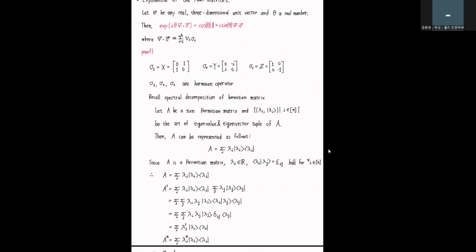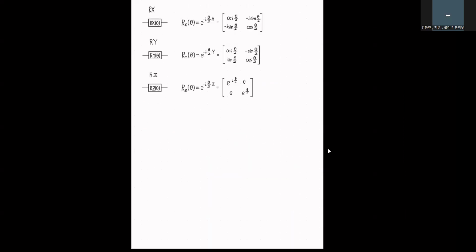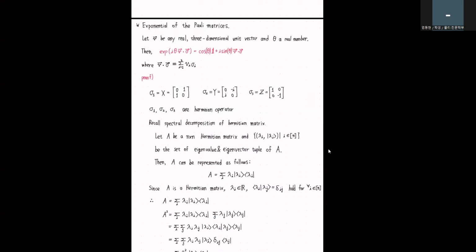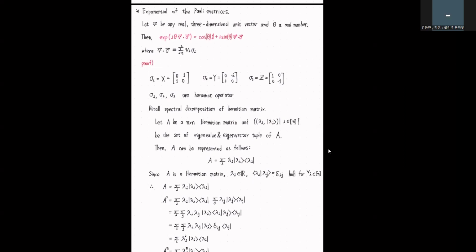Okay, so this next section is just a short side note on the exponential of Pauli matrices. You can skip this part of the video, but it's useful tips and tricks when dealing with the math for computing gates.